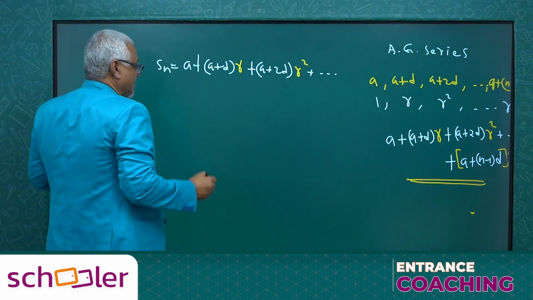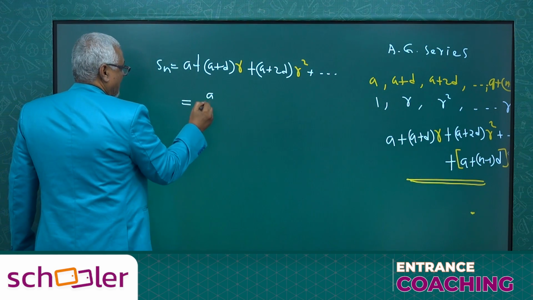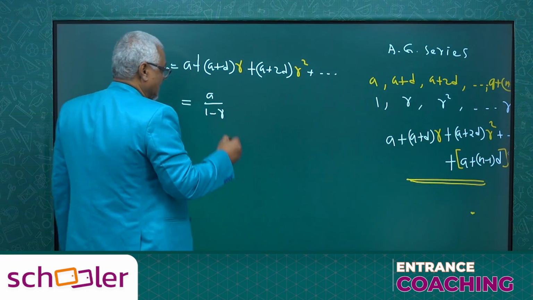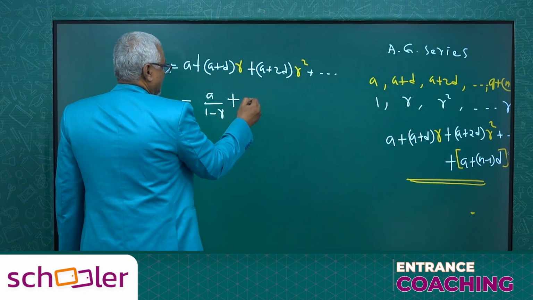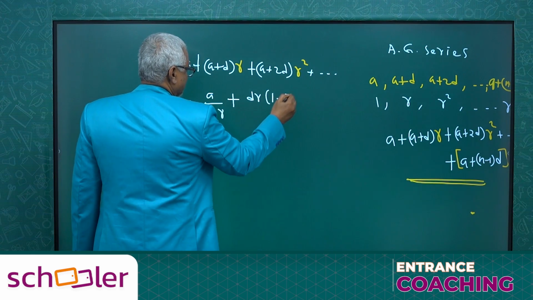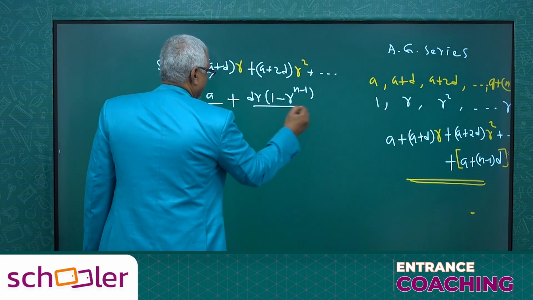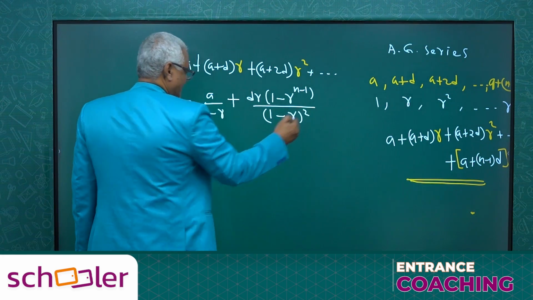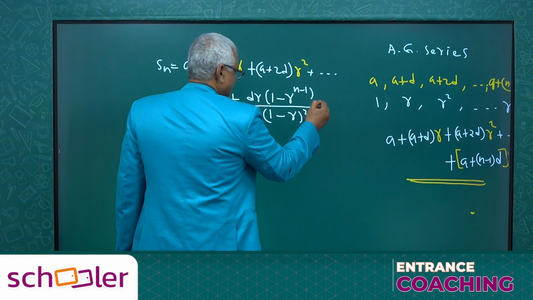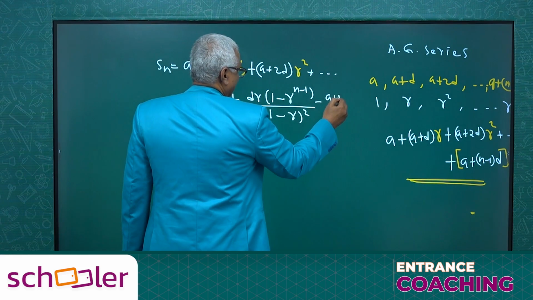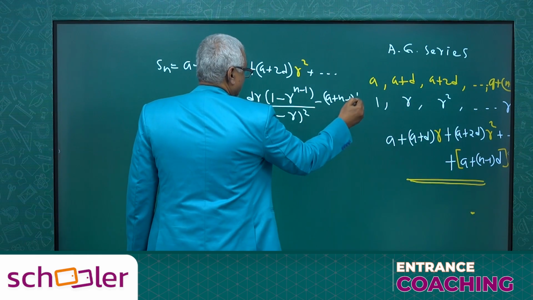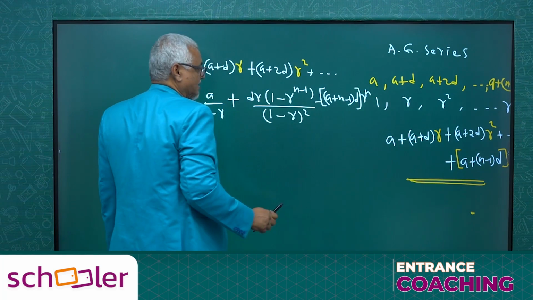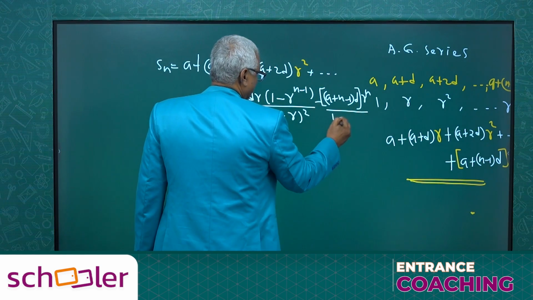The formula is a by 1 minus r, plus dr into 1 minus r raised to n minus 1 by 1 minus r whole square, minus a plus n minus 1 into d into r raised to n by 1 minus r.